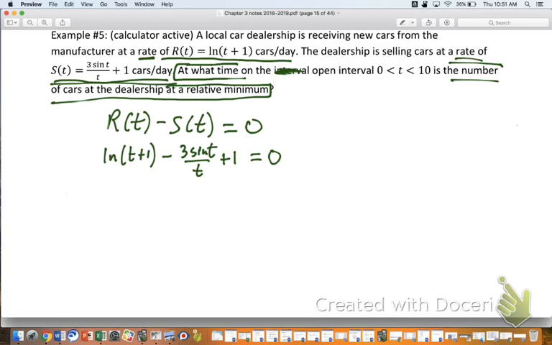So what's challenging about this is not the finding of the derivatives mechanically. It's the finding of the derivatives visually and saying, that's a derivative, and so is that. Therefore, I don't need to do the mechanics of finding a derivative. Somebody already did it for me. I just need to identify it. Does that make sense? It's so tempting to just want to differentiate everything you see, right? But those are already the rates of change of the number of cars, so I don't need to do any of that.